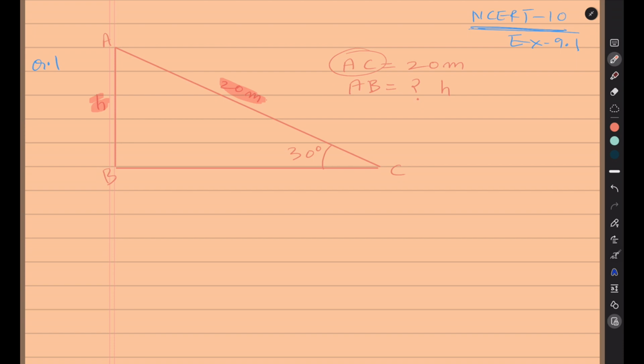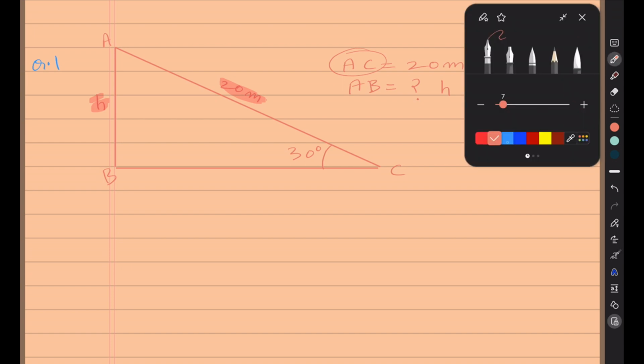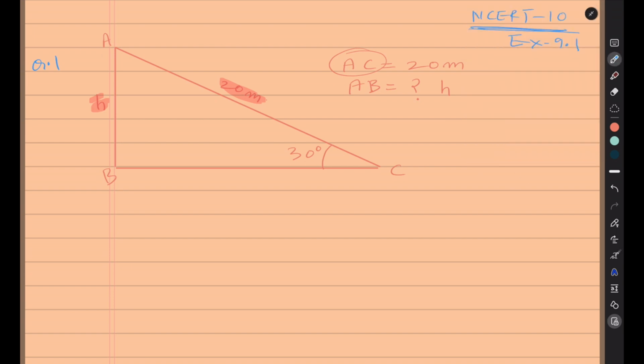What we will do, we will try to think: is there any trigonometrical ratio which involves the perpendicular? Because this is the perpendicular, isn't it? And this is the hypotenuse.